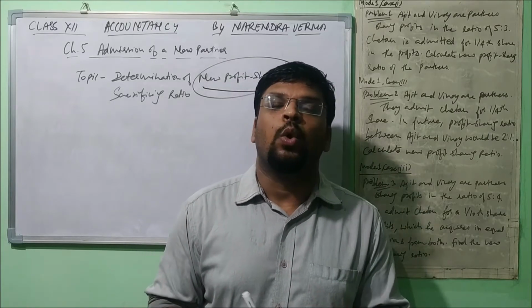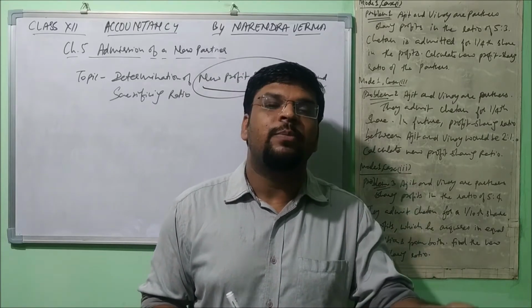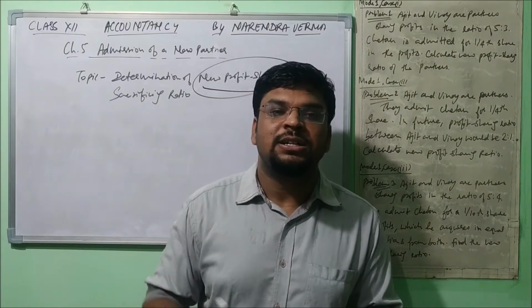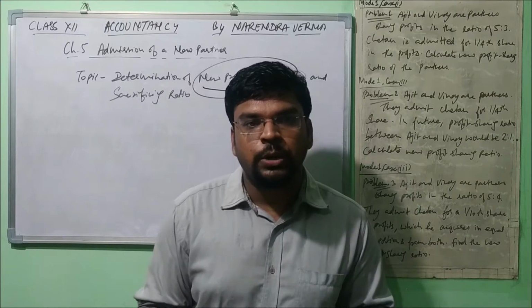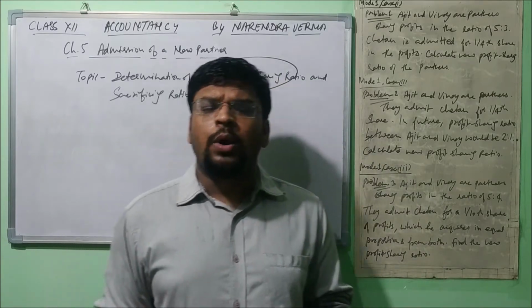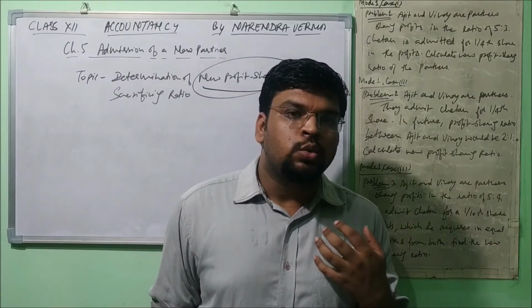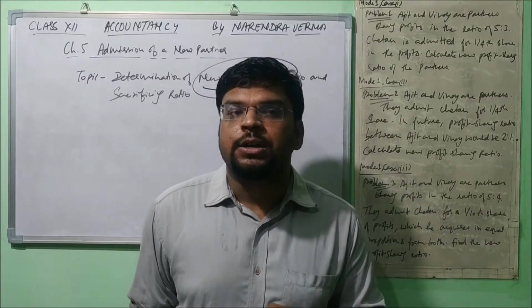Okay, and now what will be the new ratio? That will depend on the terms and conditions agreed between or among the partners, including the new one. Understood? Now what happens when a new partner comes to get admitted in any partnership?